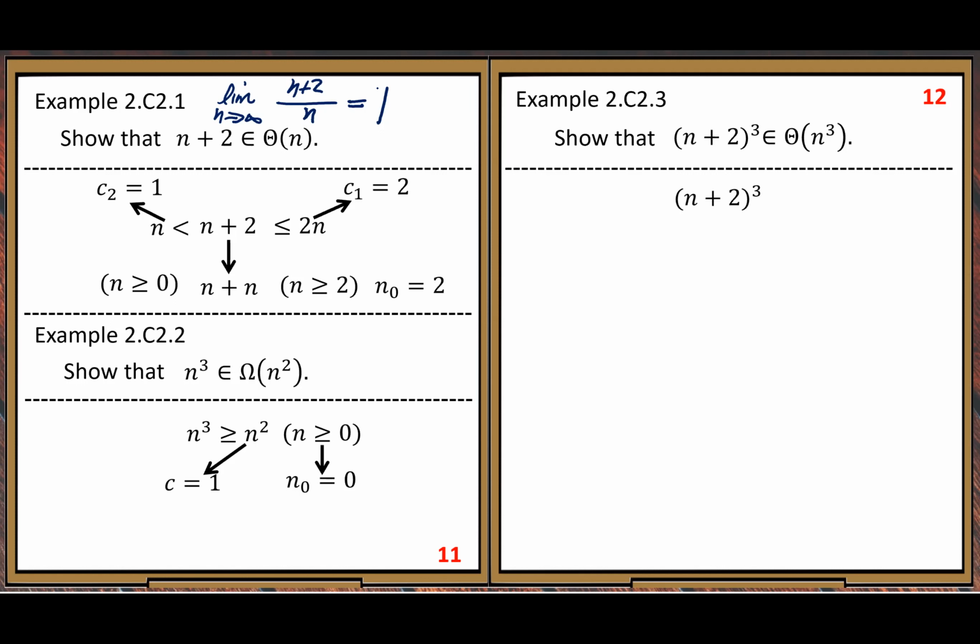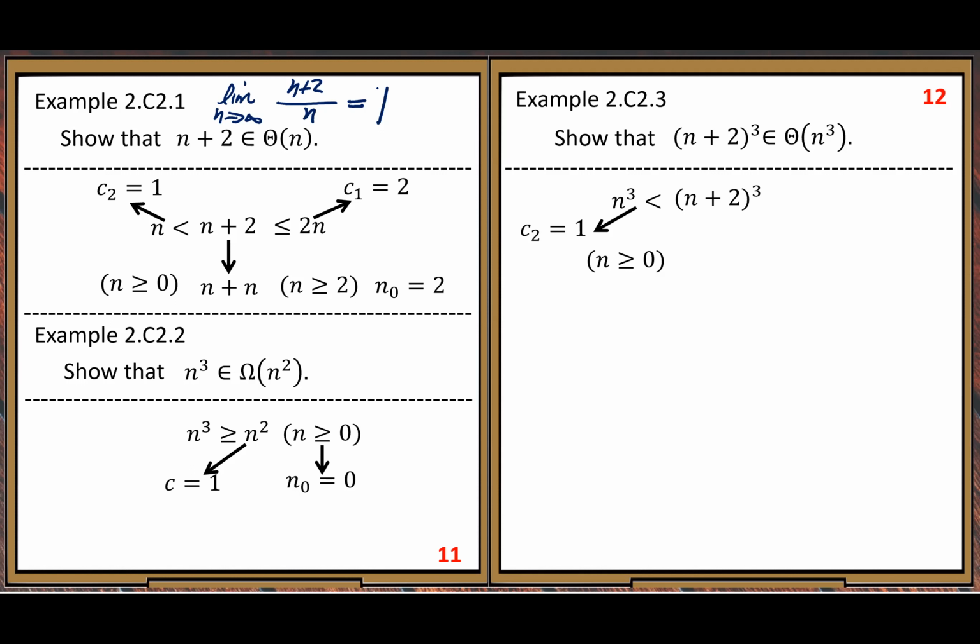Lower bound is similar to that. We just drop the constant term, we get a lower bound. Easy and fast. n greater or equal to 0, the starting line. C2 equals 1.